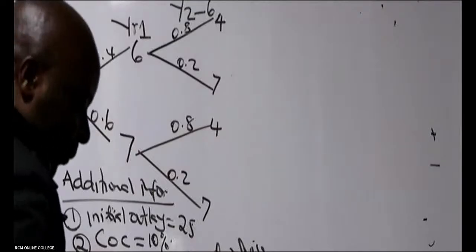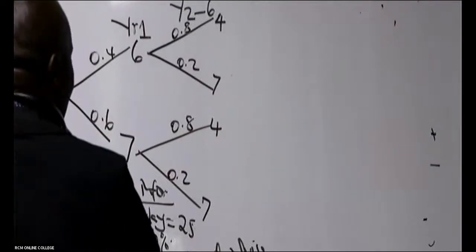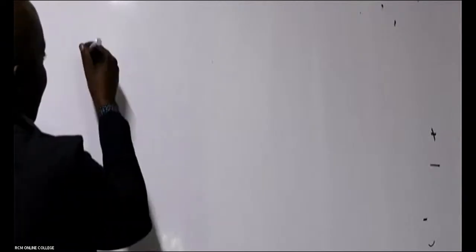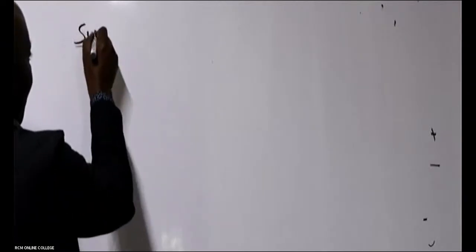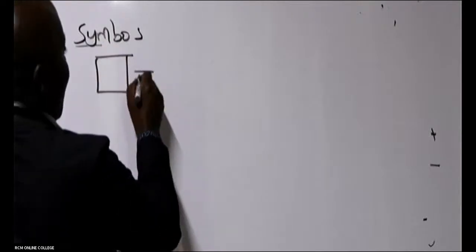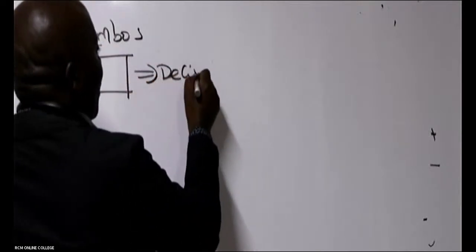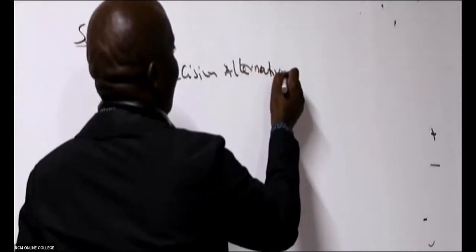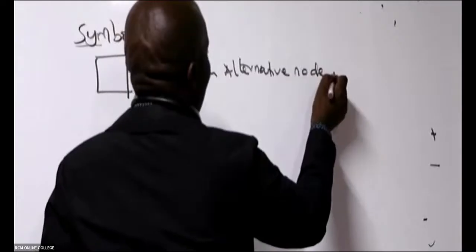Great. So now we are using a decision tree. Very easy. Remember that a decision tree will have a box and a circle node, the symbols we use. So we have a box, which is a decision alternatives node.